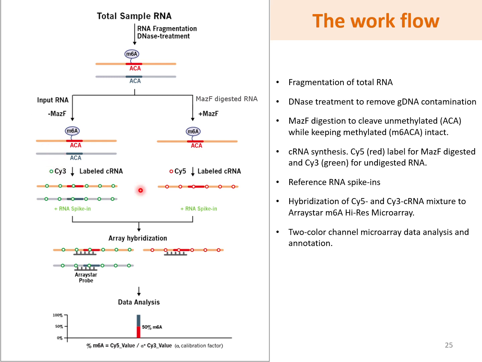Both MazF and input RNAs are spiked in with internal reference controls and combined together for microarray hybridization to interrogate each quantifiable m6A site. With the spiking calibration, the modified and unmodified amounts for each site are accurately quantified, and the percentage of modification is calculated.